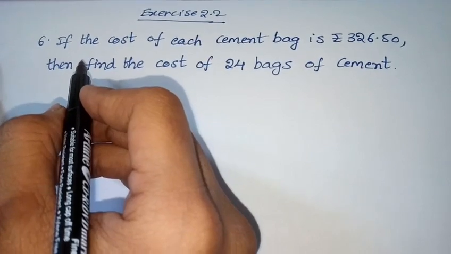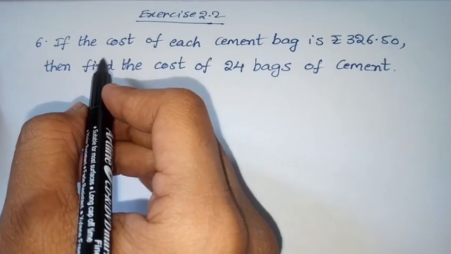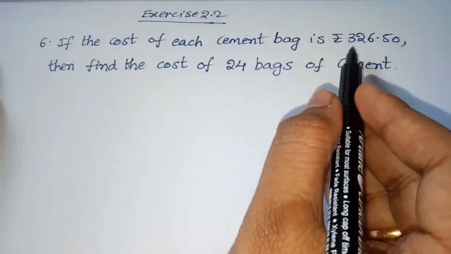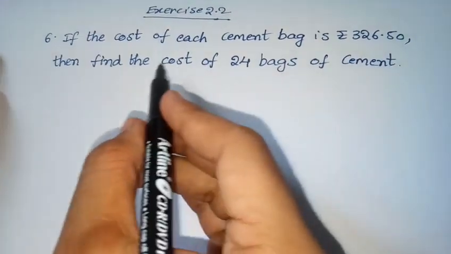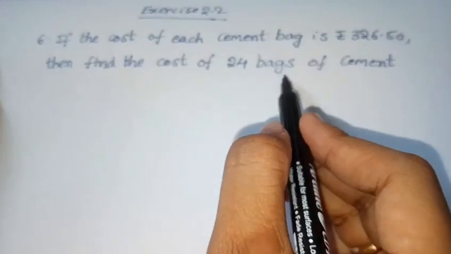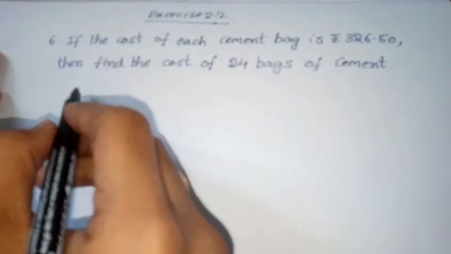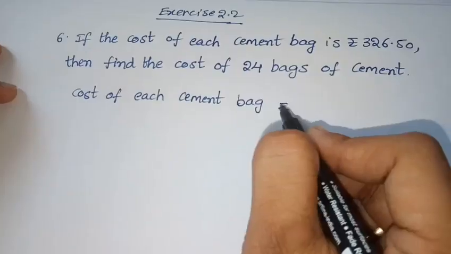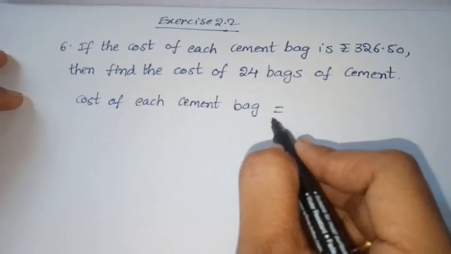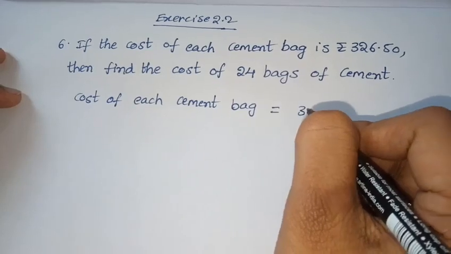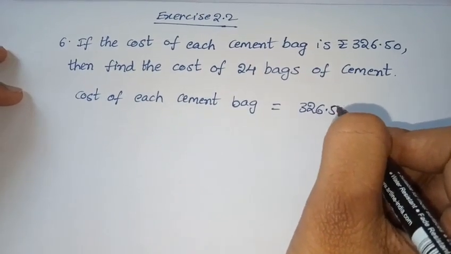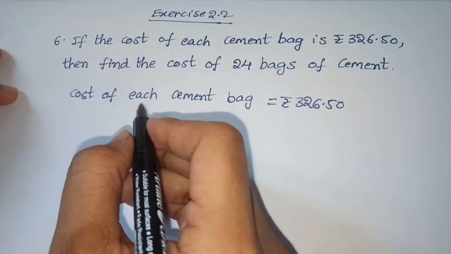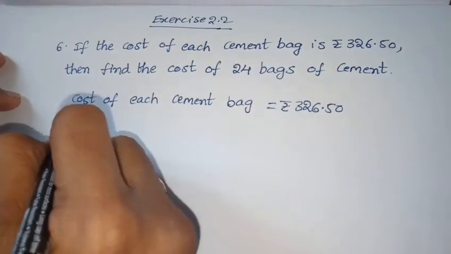Next problem, sixth one in exercise 2.2. If the cost of each cement bag is 326 rupees 50 paise, then find the cost of 24 bags of cement. In the problem given, cost of each cement bag equals 326 rupees 50 paise. Next they are asking the cost of 24 bags of cement.